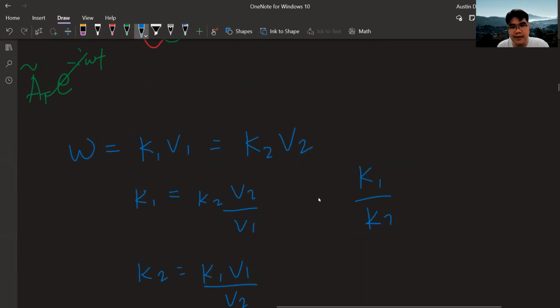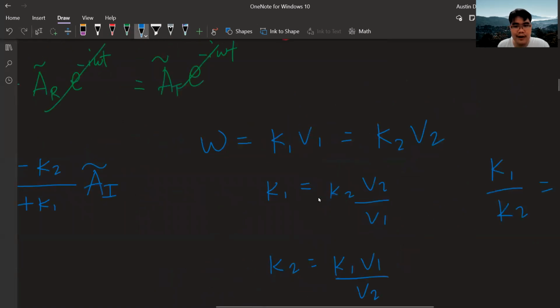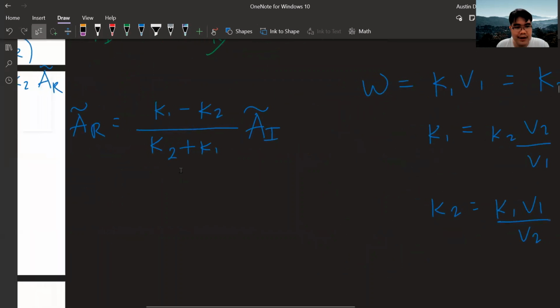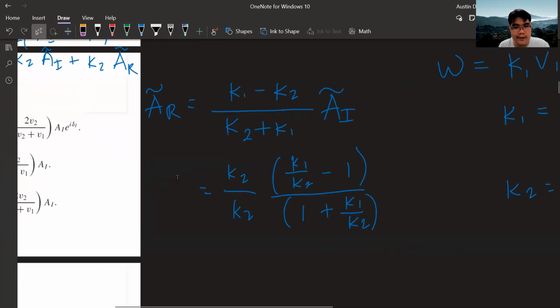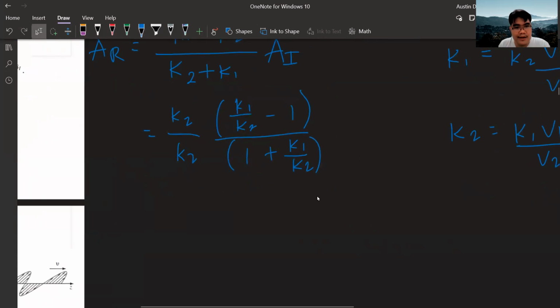Mas madali ito. K1 over K2 is equal to V2 over V1. Okay? Then I factor out K2 here. K2 over K2. So this one is K1 over K2 minus 1. Then 1 plus K1 over K2. Okay, tama ba yun? Then this one would cancel out.